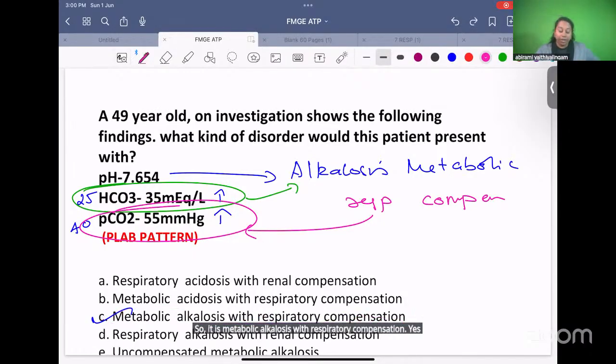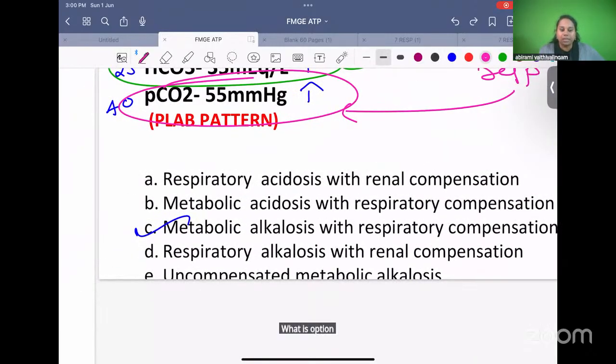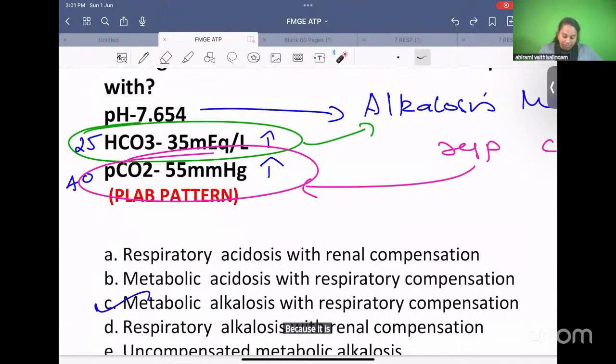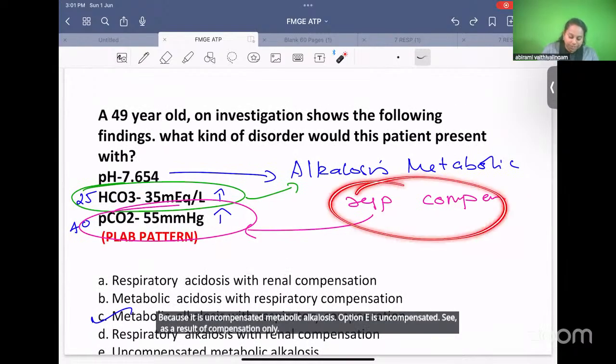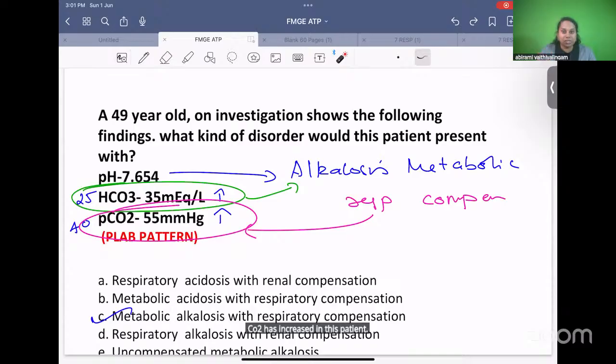Why didn't you go for option E? What is option E? There also you have metabolic alkalosis. Why didn't you choose that? Because it is uncompensated metabolic alkalosis. See, as a result of compensation only, CO2 has increased in this patient. If compensation has not started, CO2 would not have increased.